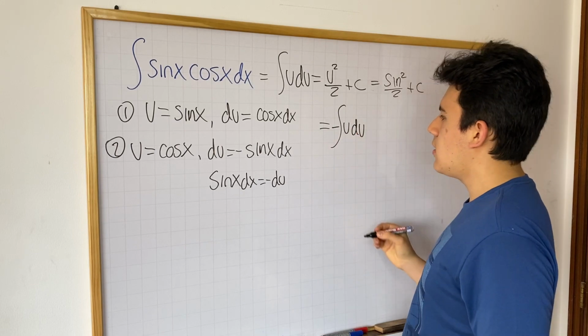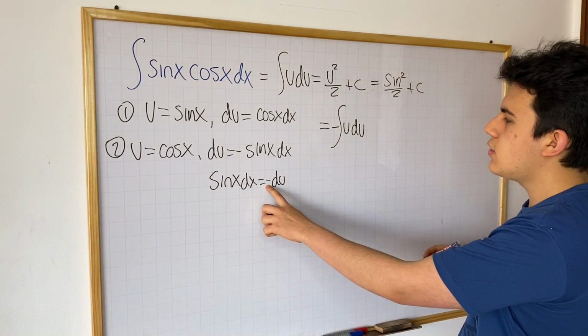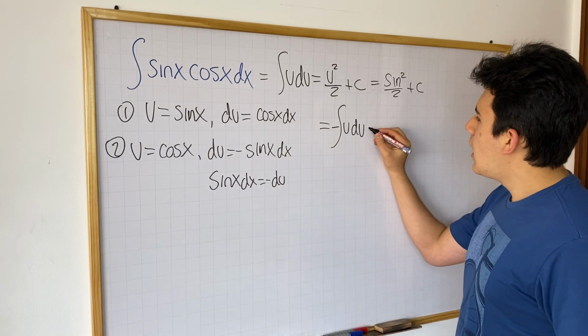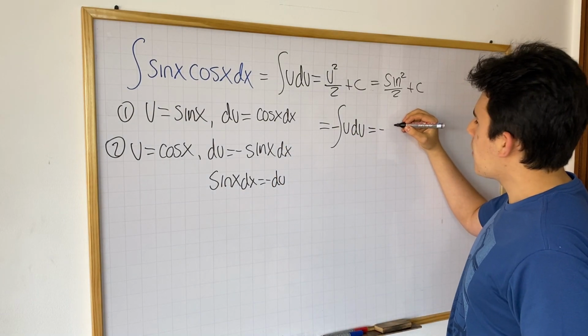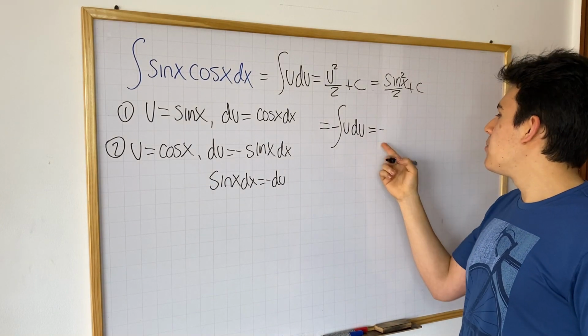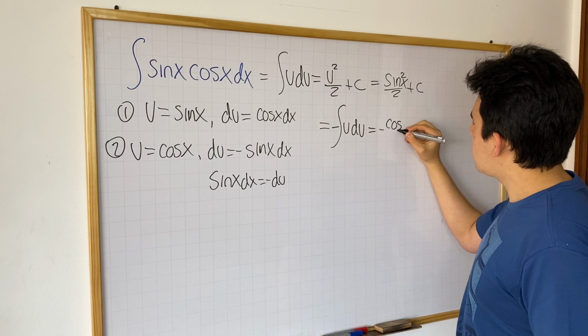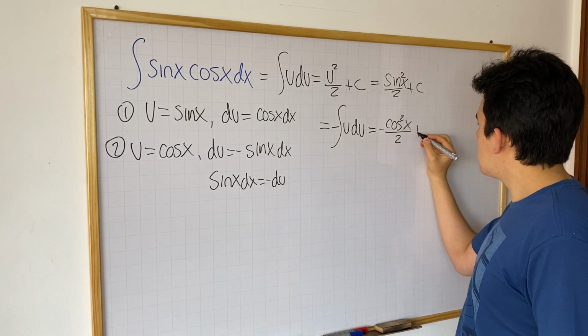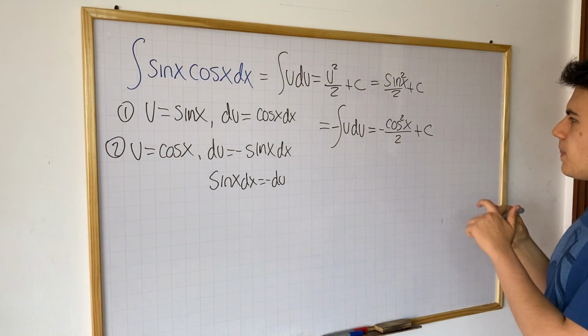Plugging in the value for u, which is cosine x, this is minus cosine squared x divided by 2 plus c.